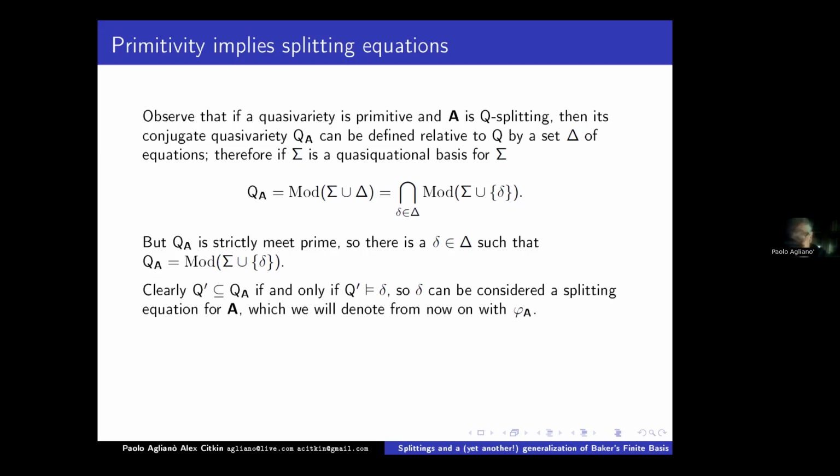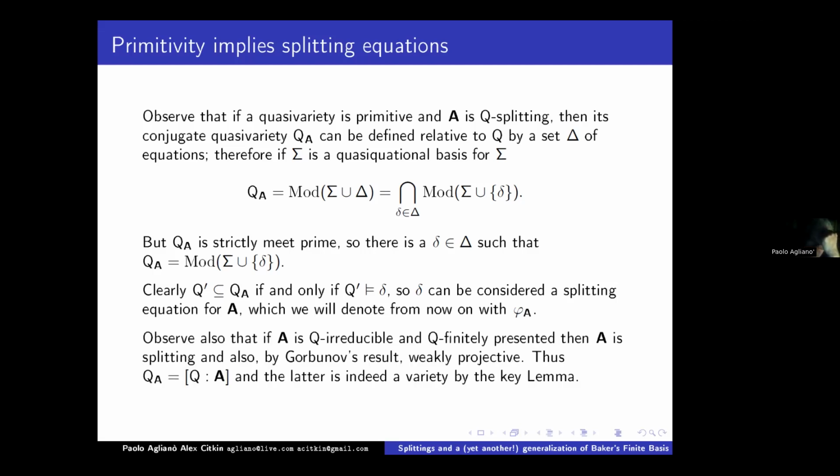In other words, every splitting quasi-equation is provably equivalent to a splitting equation. So I may just assume that there is a splitting equation. Now, by what we proved, in this case, the conjugate quasi-variety is really a variety, again, okay?